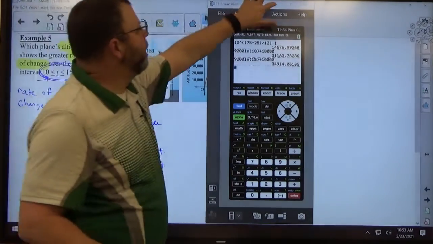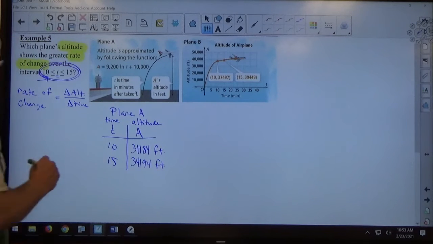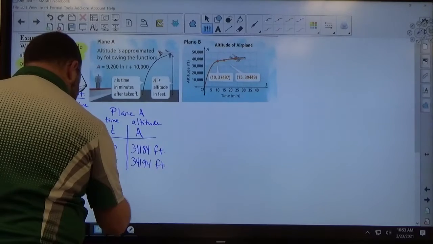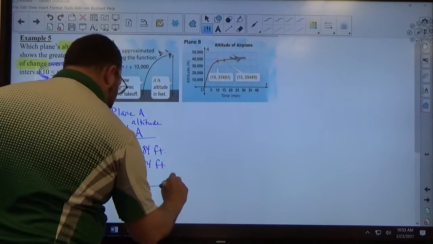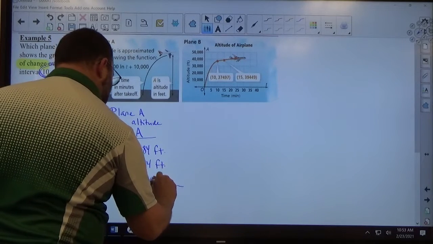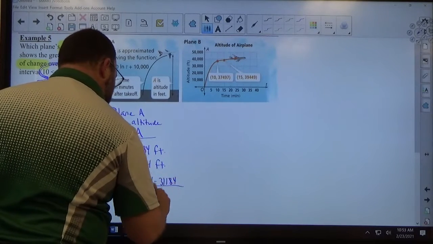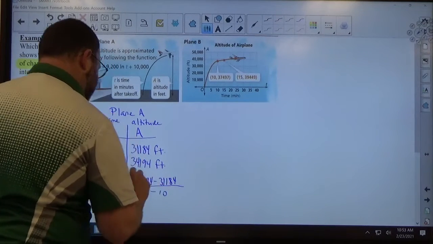So with that information figured out, if I want the rate of change of plane A, it's going to be the change in altitude, which is 34,194 minus 31,184, over change in time, which is going to be 15 minus 10.